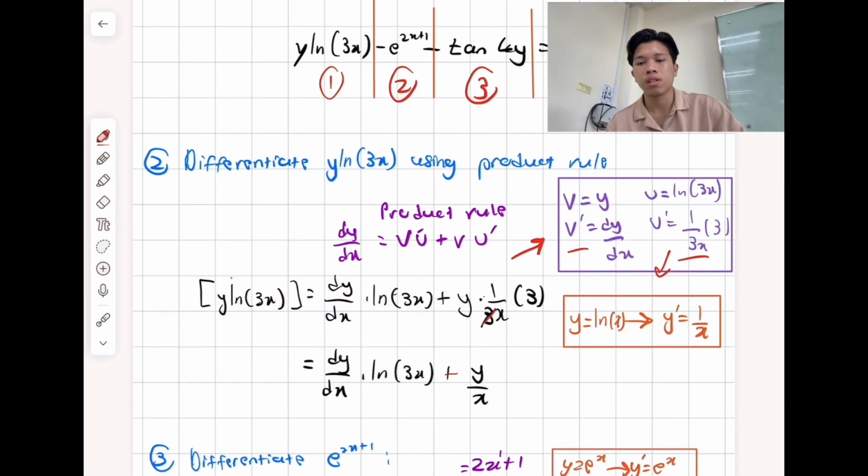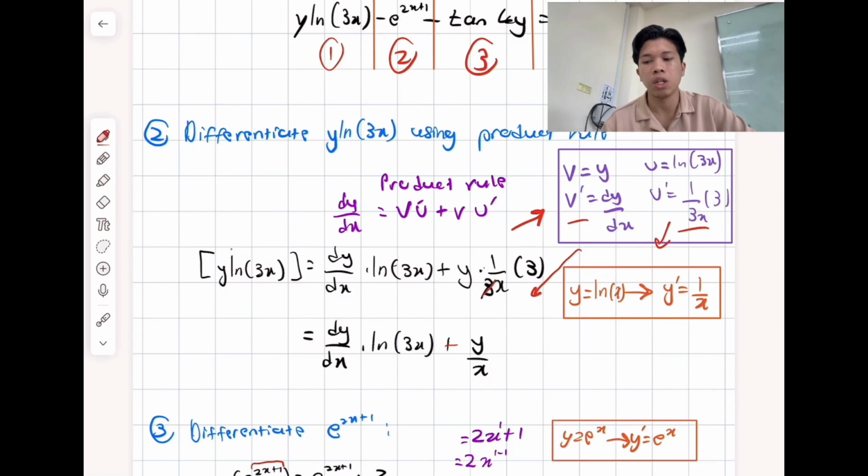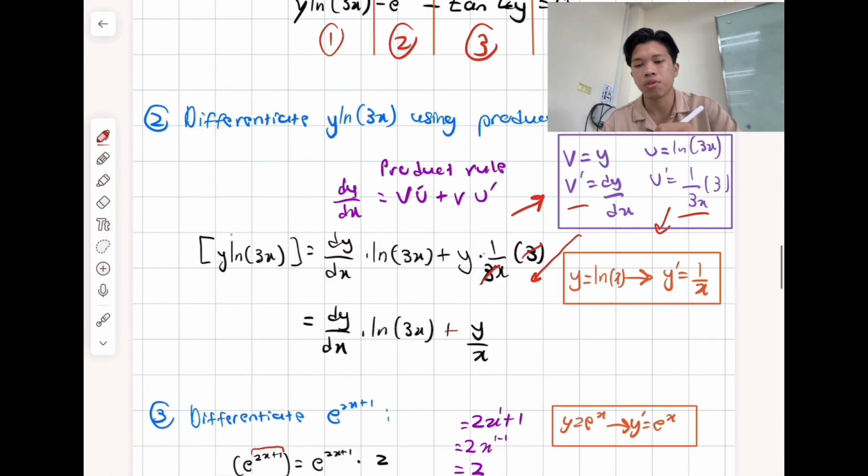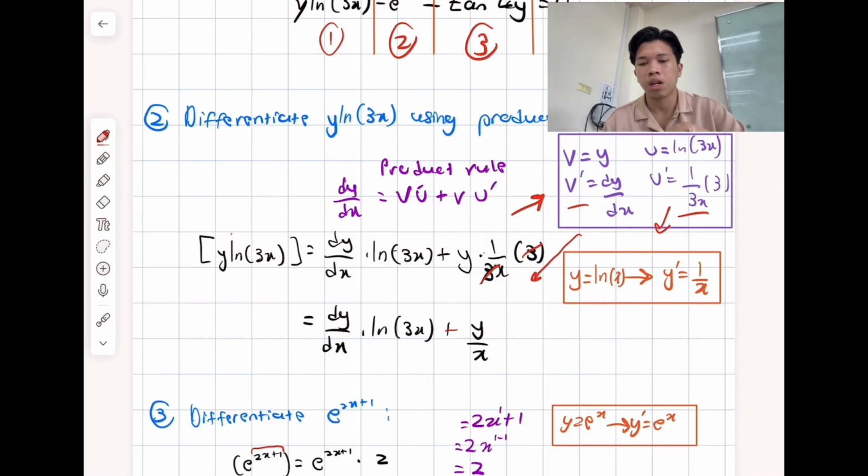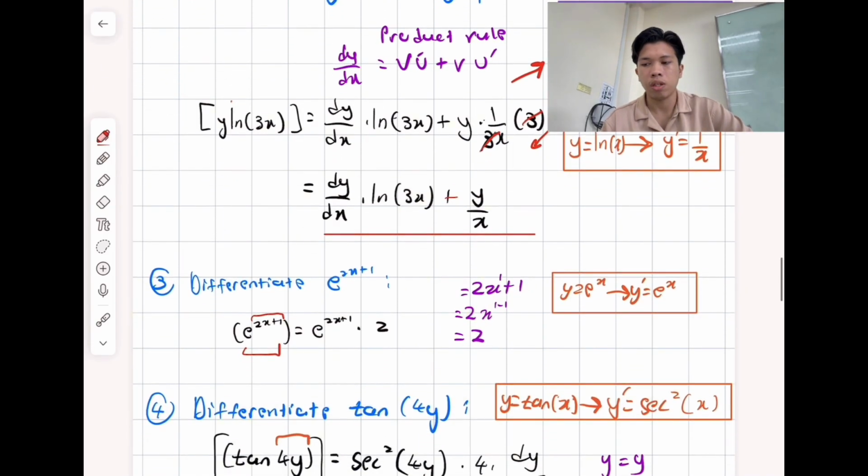When we get this, we can put it back according to the product rule formula. The equation will be dy over dx times ln 3x plus y times 1 over 3x times 3. Here, notice we can cancel out the 3 and it will become y times 1 over x, and it will become this equation. Alright, now we have settled the first part.